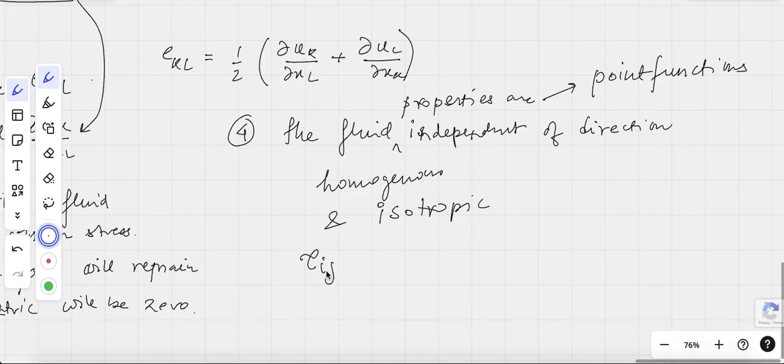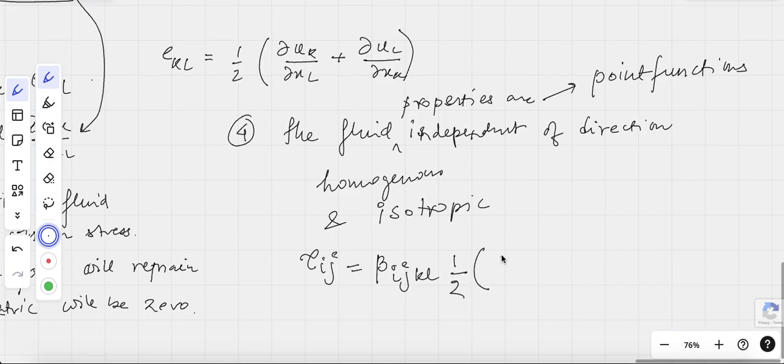tau ij, which was earlier written as alpha, we write it as beta ijkl, because earlier it was with e_kl, which was having both symmetric and antisymmetric parts.